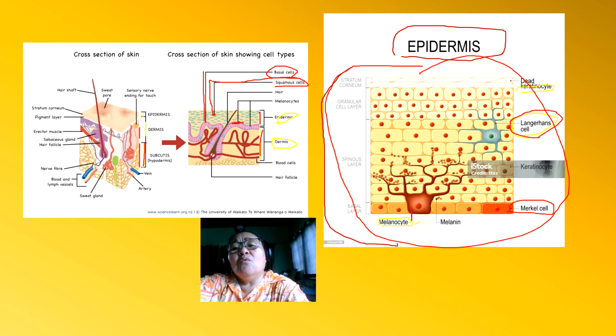Okay, so what is the clinical significance in skin cancer? Most skin cancers develop after repeated ultraviolet radiation exposure, which damages the DNA of the skin cells.